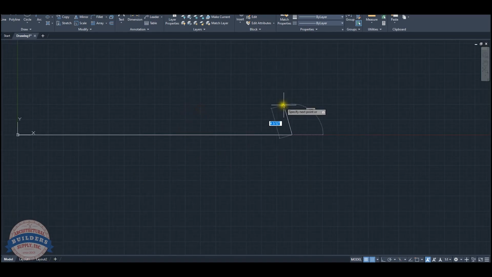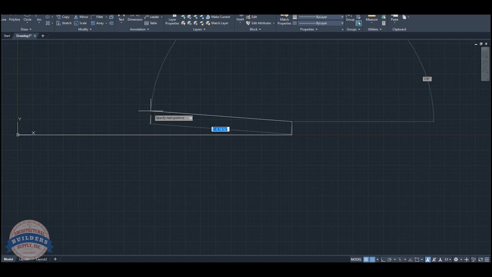So what we're drawing here now is a 1 3/4 thick door with the same sort of square edge application.